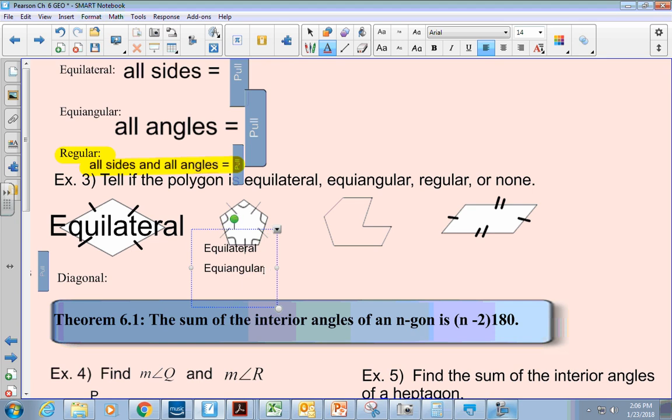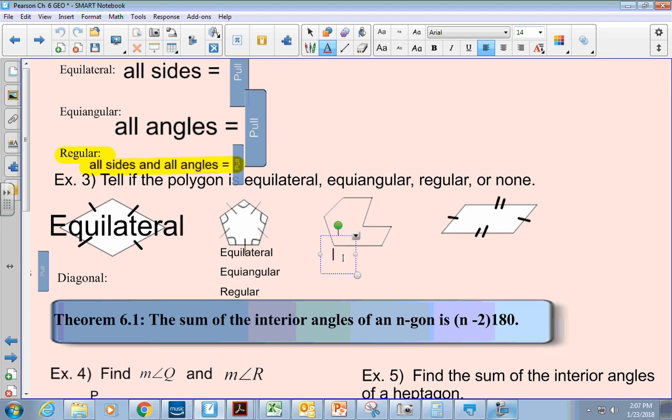And then it's also regular. It's like saying a triangle is an equilateral triangle. It also qualifies as isosceles because two sides are congruent, so it gets to be isosceles and equilateral. If it says list the most specific, then you can get rid of the other ones. If it's just saying tell if it's equilateral, equiangular, regular, or none.